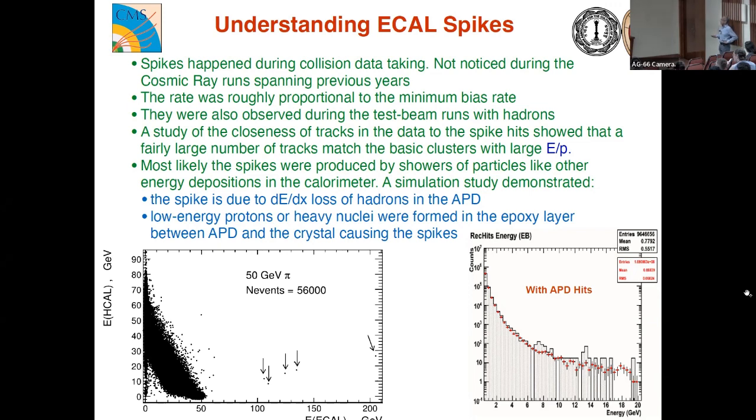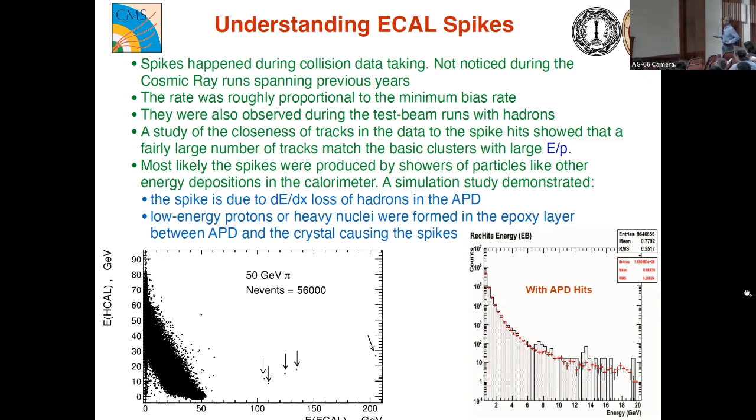Whenever there were combined calorimeter runs, we saw some cases of high energy deposits, which to some extent were ignored before the real collisions took place. So most likely, all these observations led to the idea that the spikes were produced by showers of particles, like other energy depositions in the calorimeter.